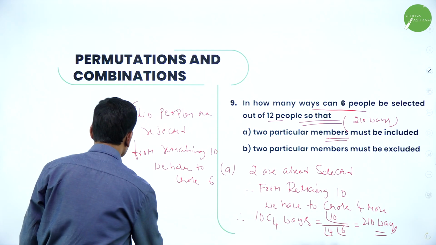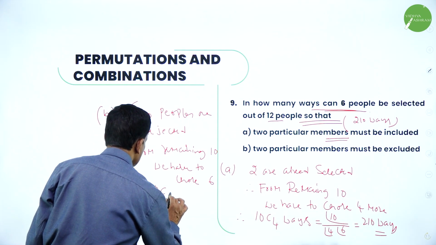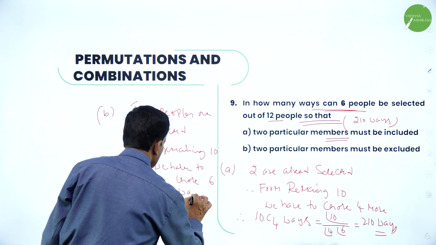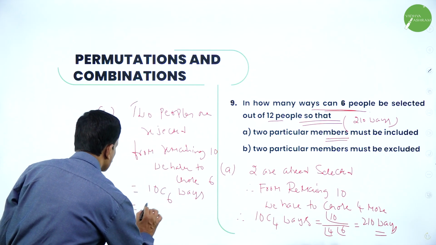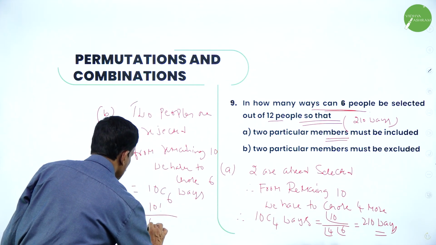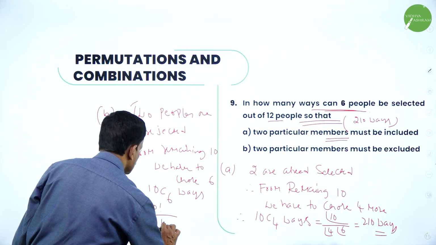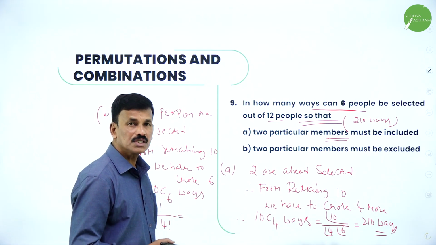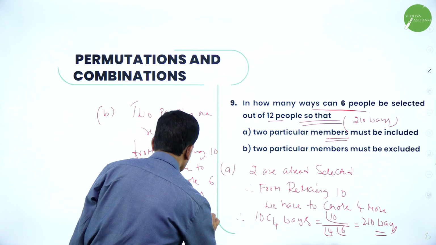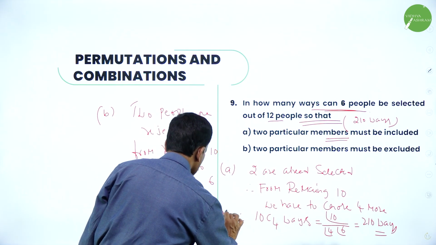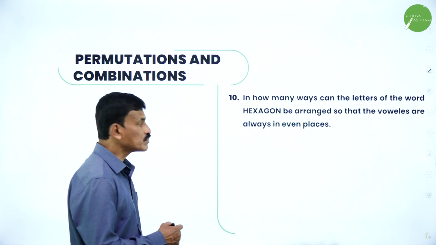This can be done in 10C6 ways. What is this equal to? This is factorial 10 divided by factorial 6 into (10 minus 6) factorial, which is factorial 4. This is also equal to 210 ways. Now move on to the next problem.